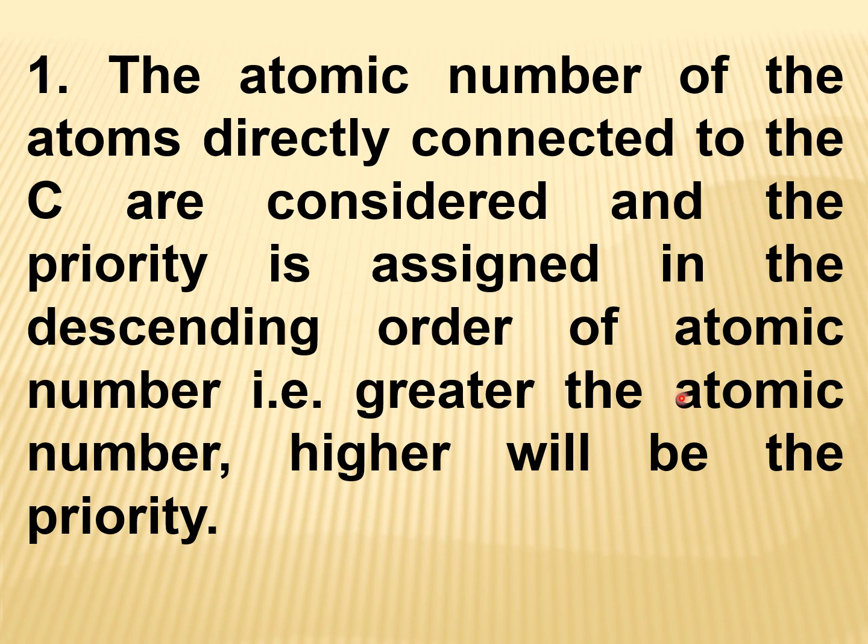That is, the greater the atomic number, the higher the priority. So the carbon of the double bond has two groups attached to it. In these two groups, some atom is directly connected to this carbon. The atomic numbers of these atoms are taken, and the greater the atomic number, the higher the priority.